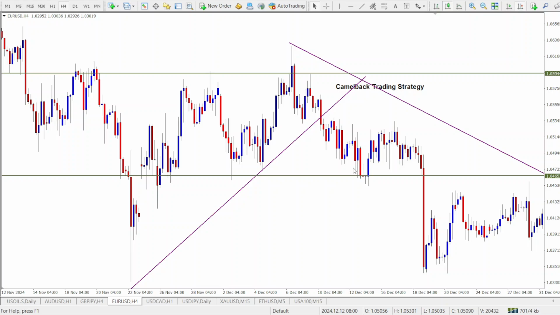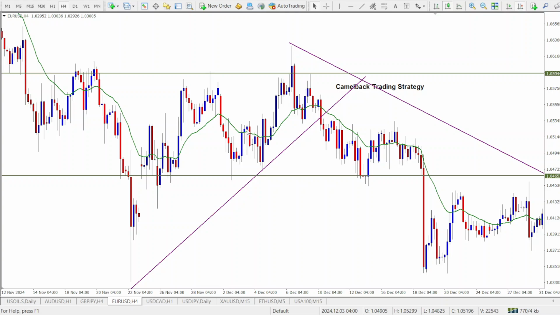Now, secondly, the next element is the moving averages. Moving averages help smooth out the price data and reveal the underlying trend. I'm going to add a moving average to the chart right now because it is part of this trading strategy.